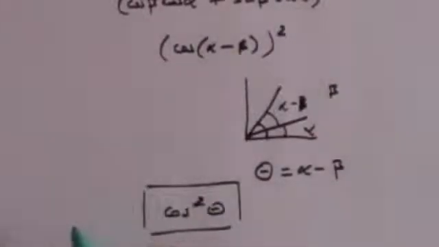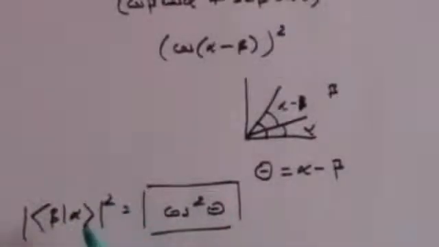And that makes sense. So we've now got another cos squared term for the probability. Let's just write that out again: if you prepare in the alpha state and try and put it through the beta polarizer, the probability is given as the inner product squared, and that comes to cosine squared theta, where theta is the difference between the angles of the two polarizers.